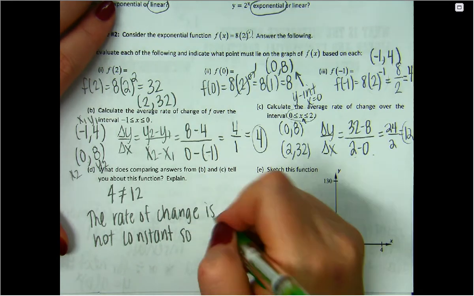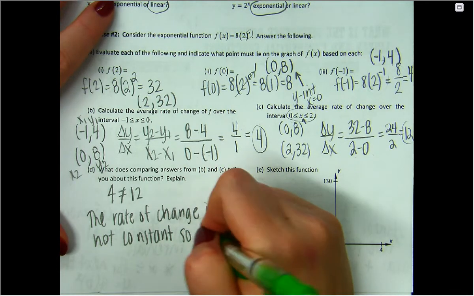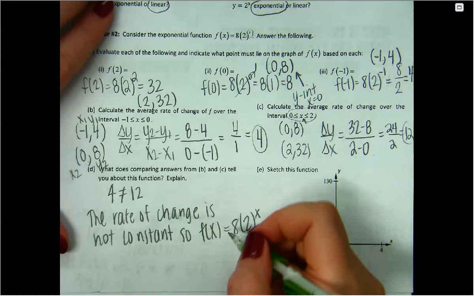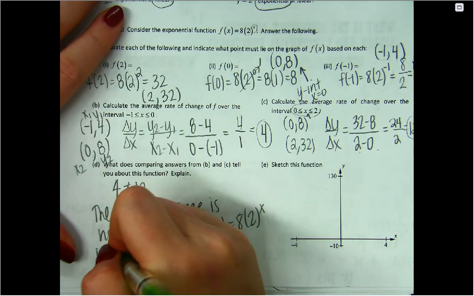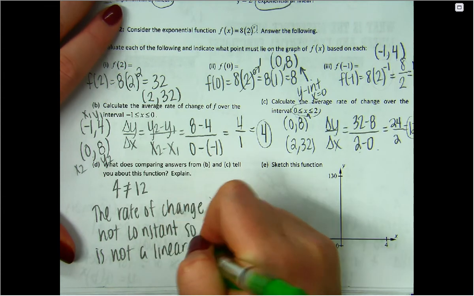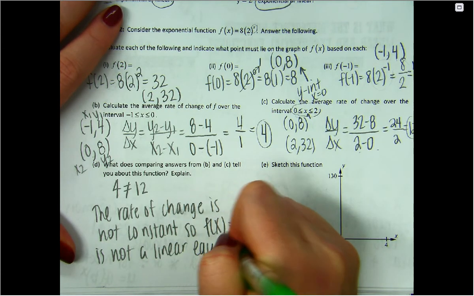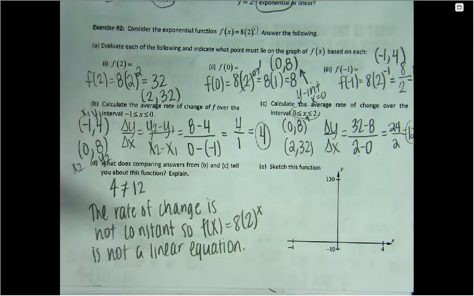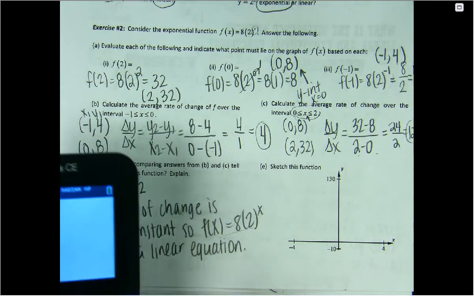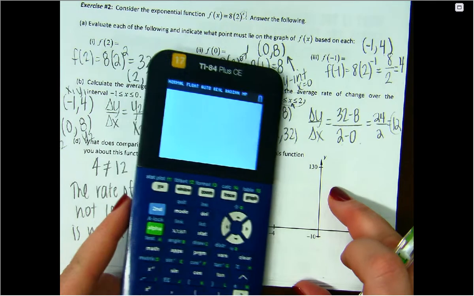So f of x equals 8 times 2 to the x is not a linear equation. We should have known this anyway because of the equation. Not linear.